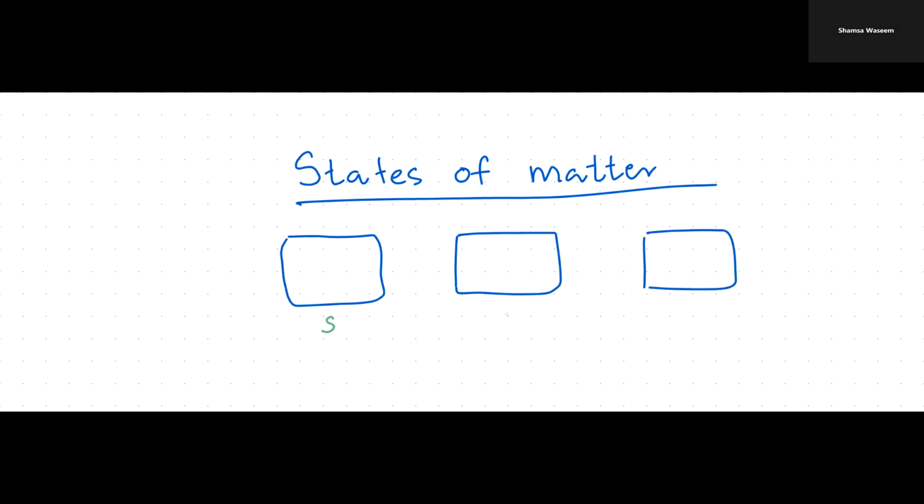Now, in solids, the particles are closer together, and they are arranged in the form of a lattice, regularly arranged. Try to draw the same size of particles, and try to draw them in the form of a lattice.